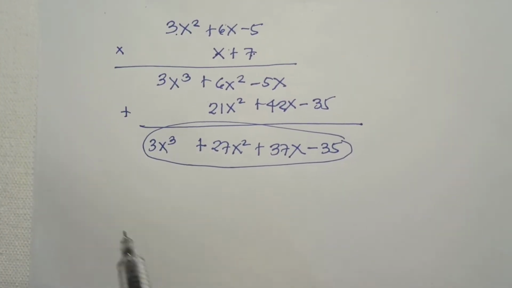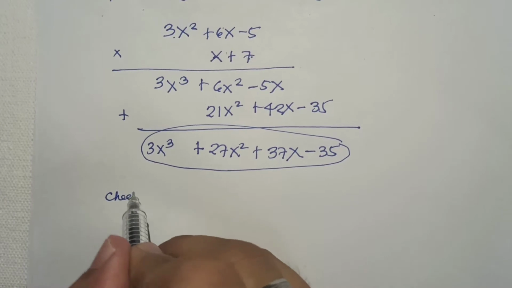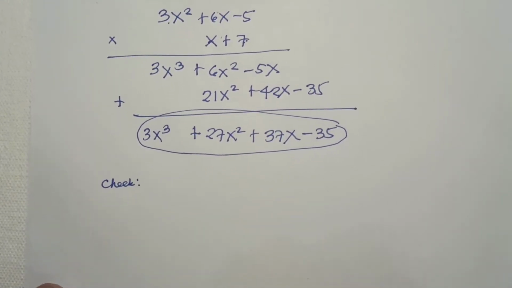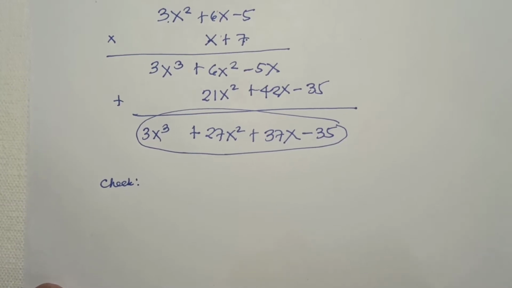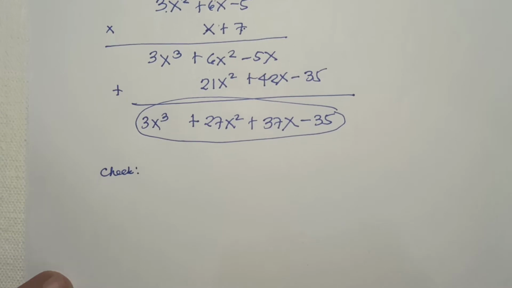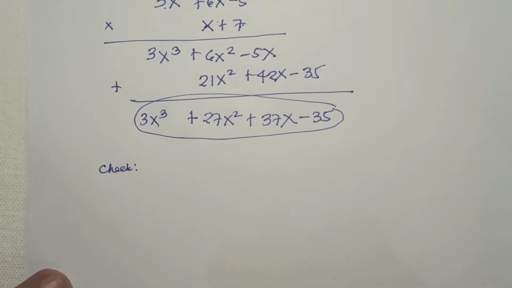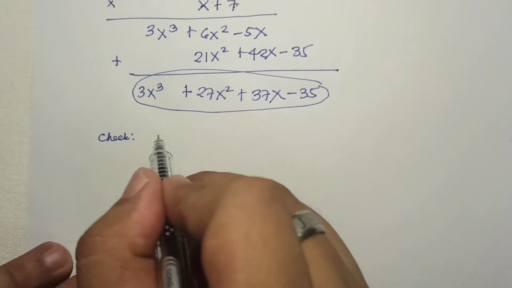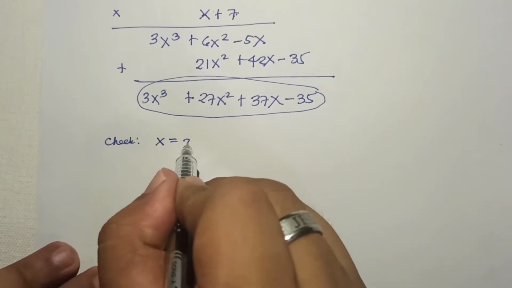In order for us to check, this does not prove that the answer is correct, it is just mere checking, because if your answer is incorrect, it would not have the same result with the assigned number. So let us have x equal to 2.